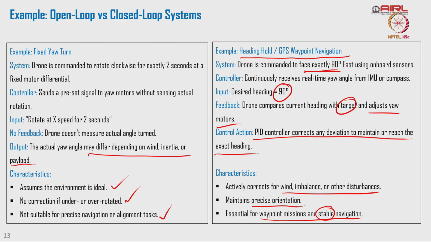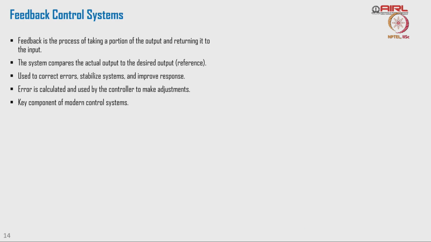It is better to go for a closed loop system because we have a correction mechanism, and at the end of the day what we want is some desired performance out of the system. So, if open loop is not possible, then the best solution, with its complexity and price, is the closed loop control system. Now you understand what a feedback control system is.